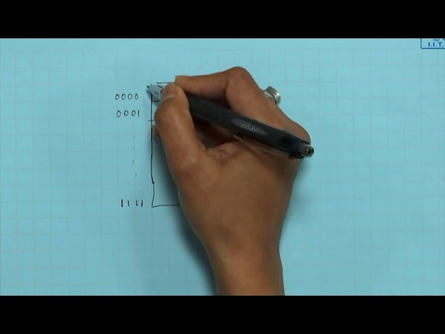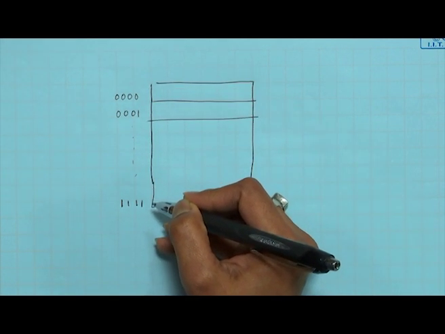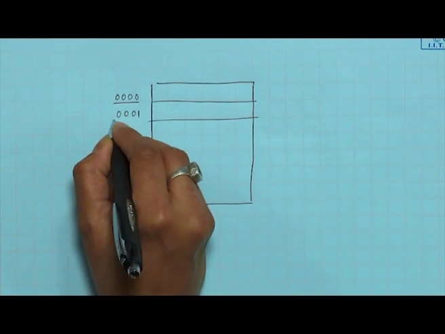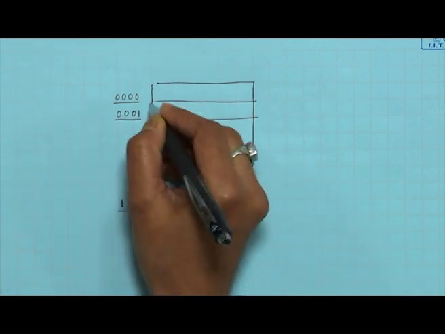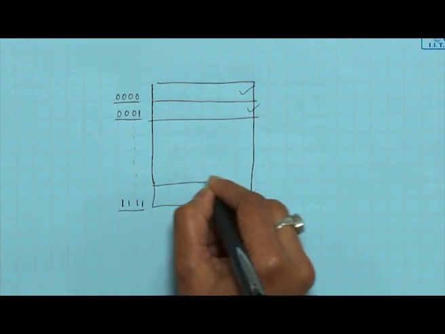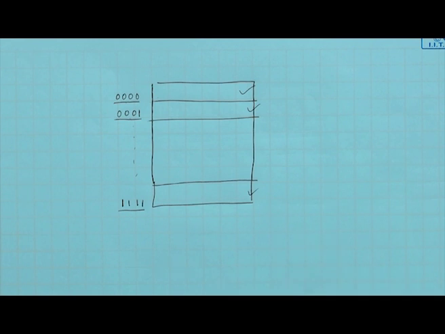So, it is an array of storage locations, each with a unique address. These are individual locations and this is the address associated with each of these locations.